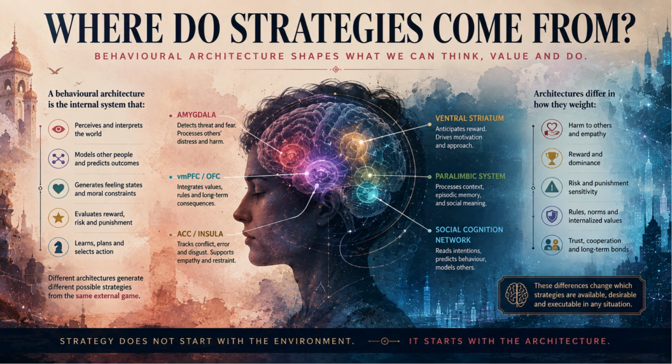That doesn't mean their research suggests there's a single psychopathy circuit. There isn't. What we're looking at is a distributed architecture in which several components of the decision process appear to be weighted differently, right?